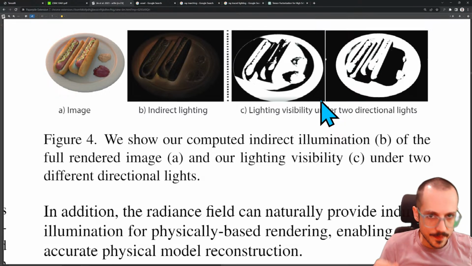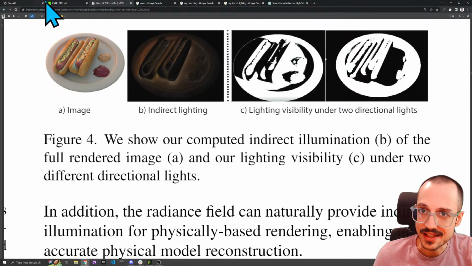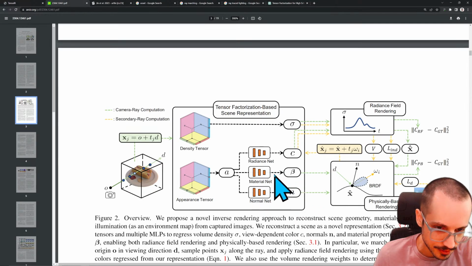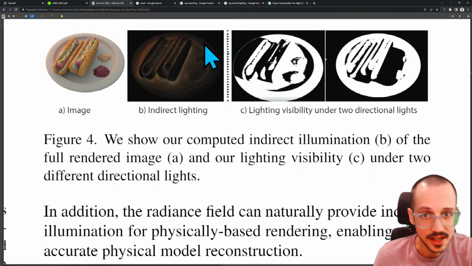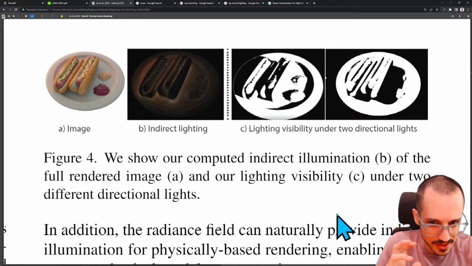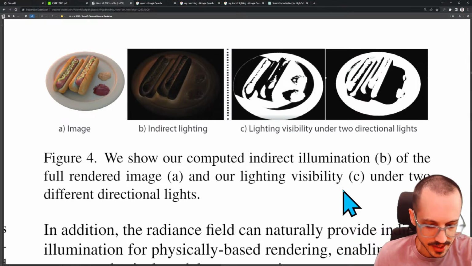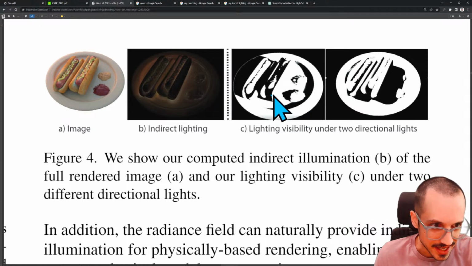So because their technique is estimating the normals here, they have a pretty good implicit representation of the normals and the material and the surface and the location of that object and everything, right? All of that is in some way implicitly stored inside the weights of the little MLPs. You can see that it actually is pretty good at that.